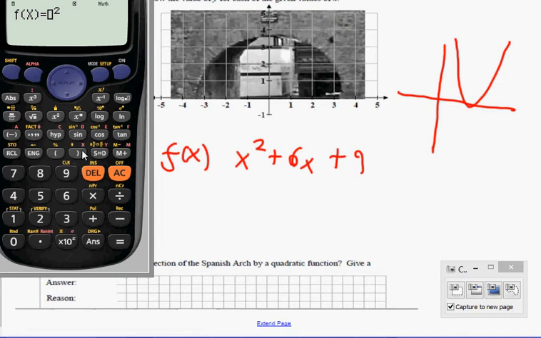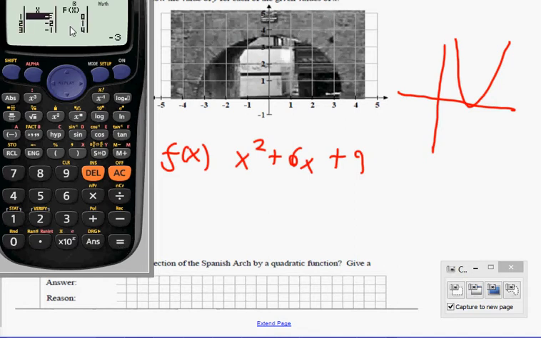Alpha x squared, now then we got plus 6x, and then we got plus 9. Now, let's call the start being minus 3, the end being, say, plus 4. Now, I know a lot of you aren't really sure what's going on at the moment, that's okay. It'll come clear in a second.